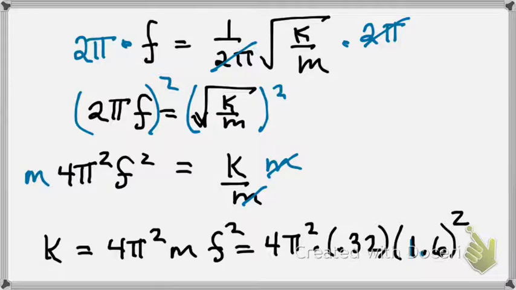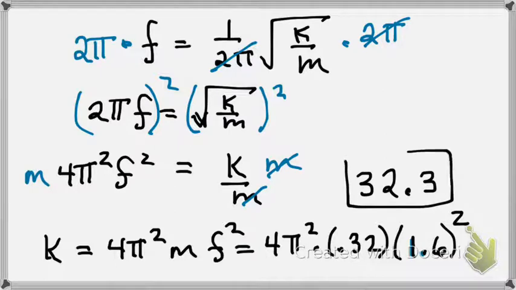Now you go to your calculator and type that in. You're going to get a spring constant of 32.3. Remember, the bigger the spring constant, the stiffer the spring. So we would probably say that's a pretty stiff spring.